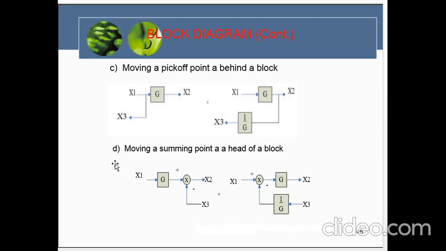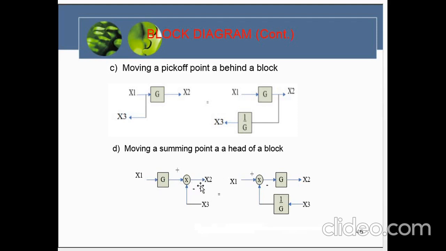The last principle is moving a summing point ahead of a block. For example, we move this summing point before G, but we check the output of this block, which is X2.